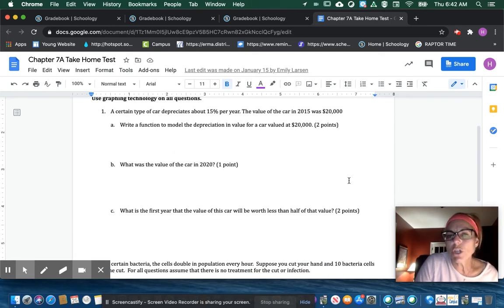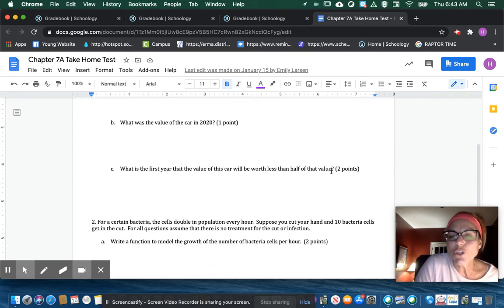What was the value of the car in 2020? We'd use our calculator. If we're starting in 2015, 5 years later, we're at 2020. So we need to look at the calculator and use the Y value after 5 years. What is the first year, now we're solving for X time, that the value of this car will be worth less than half of that value?